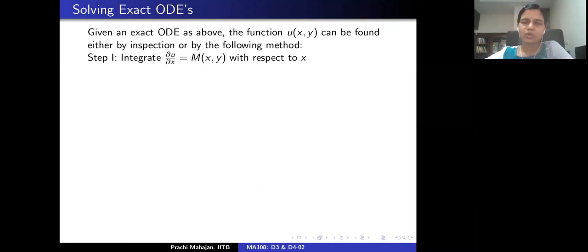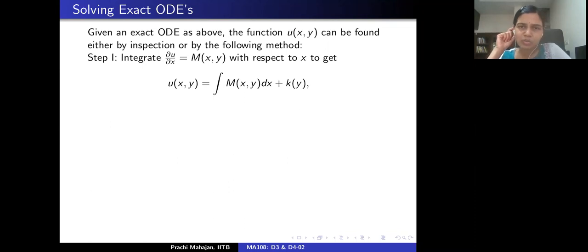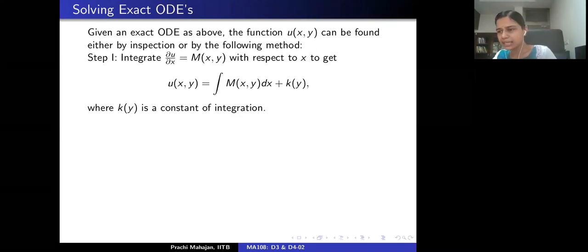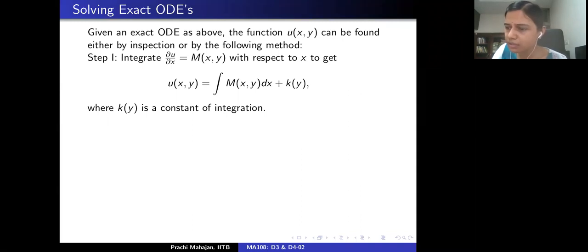If you do that, what will you get? You will get u of x,y is the integral of m dx plus k of y. Now what is k of y? k of y is the constant of integration that is independent of the variable x, the variable of integration here. Correct? Is that okay?